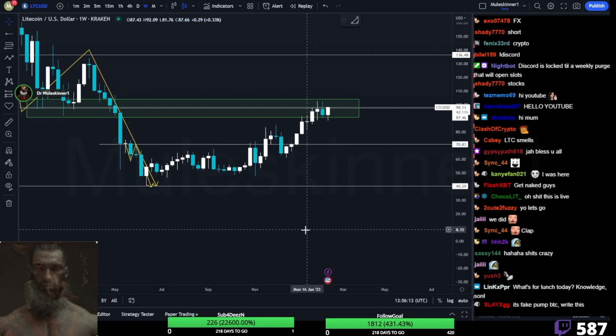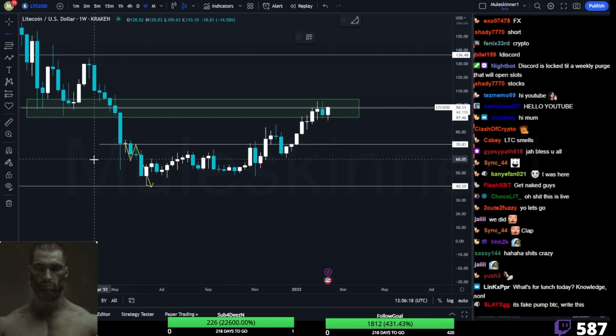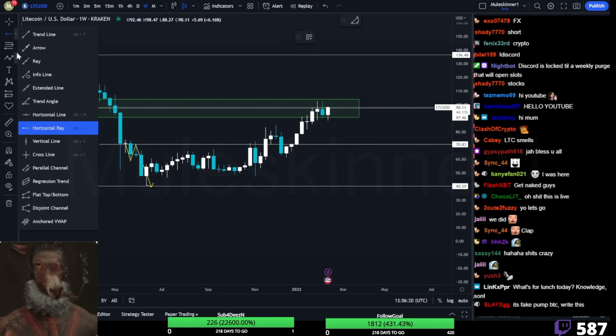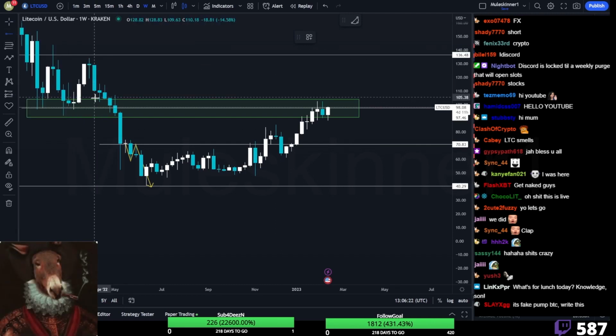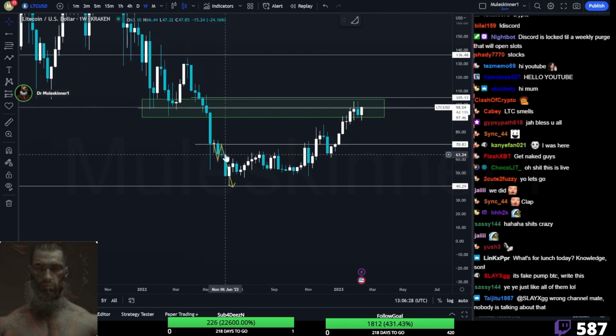This is the first one. The second one that made moves down. It made new lows. So this level and this level are your important levels.